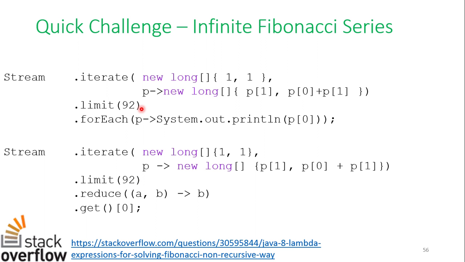Here the 92 has a slightly different meaning: earlier it meant I want the first 92 values of the Fibonacci series. So 2 slightly different illustrations of how to do the job, but the key here is that we are using lazy evaluation in both cases and a potentially infinite series.